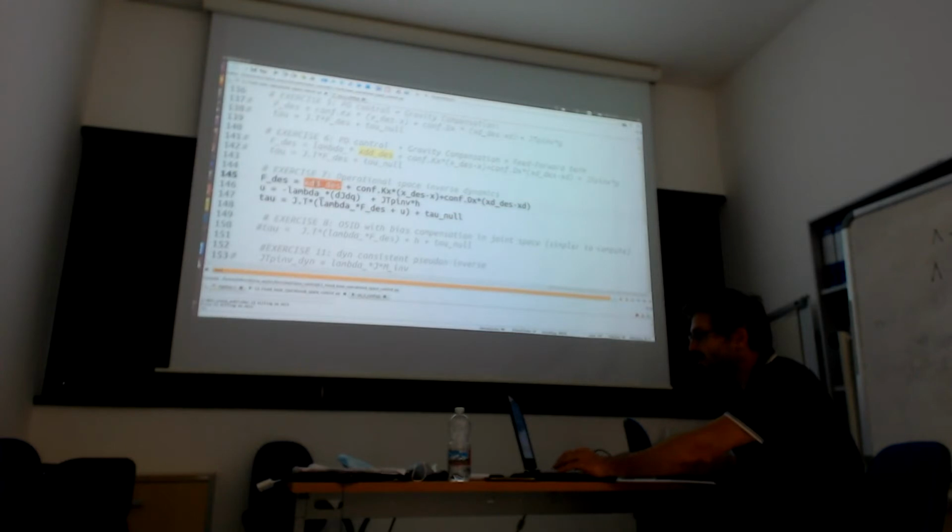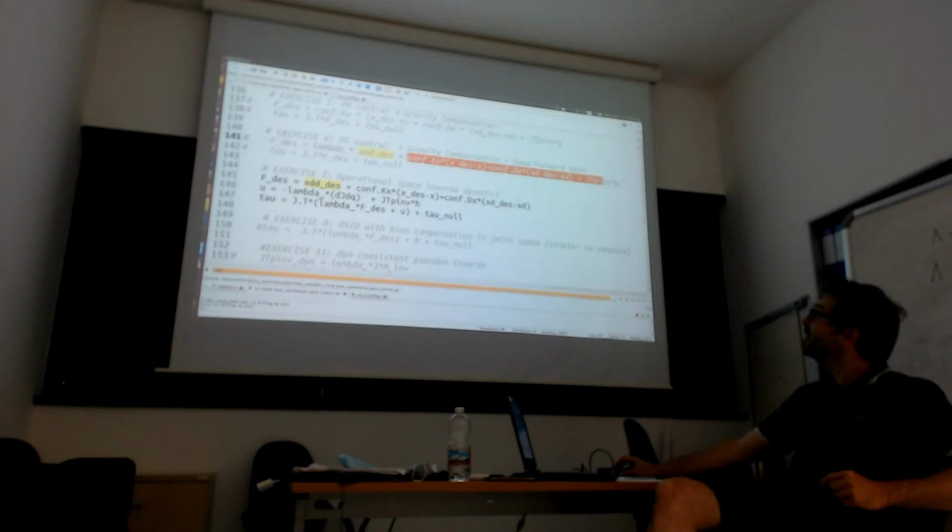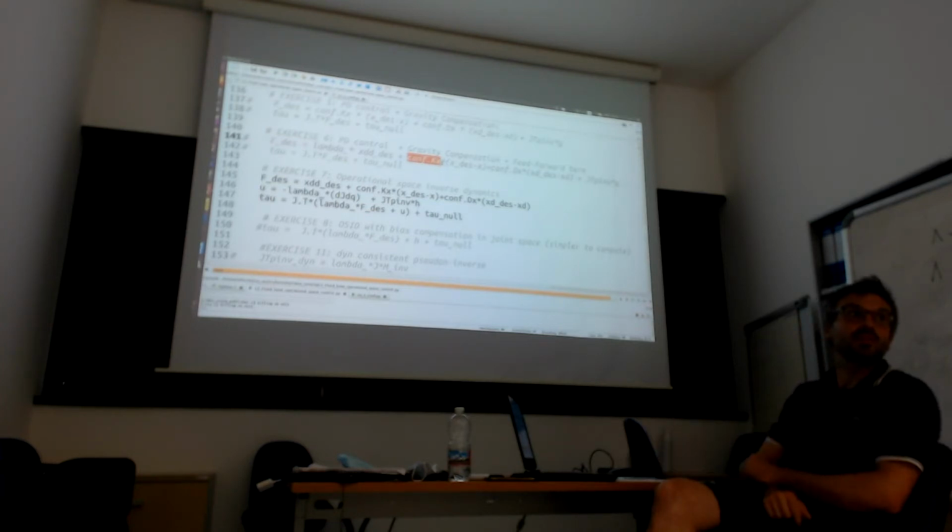So feed-forward term, I have a question for you. In here, we got a PD and we map directly into desired forces. Here, we do something different. These gains that are living here and in this control, are they in the same space, or are they in different spaces?